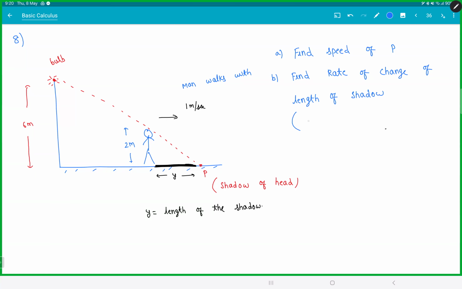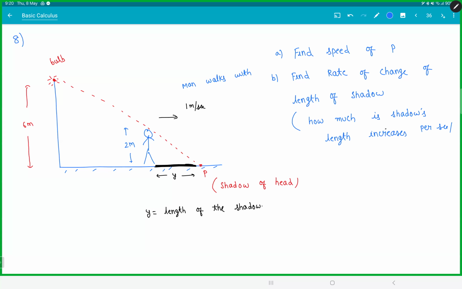Basically, I'm asking how much is shadow ka length increasing every second? That's a technical way of asking rate of change of length of shadow.